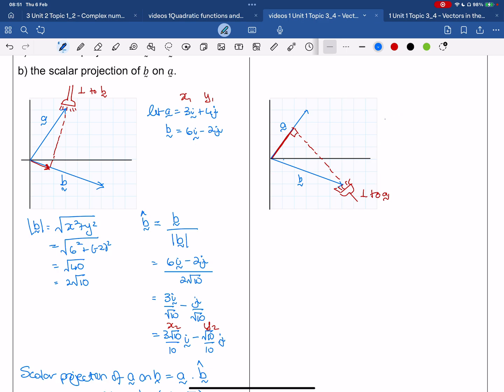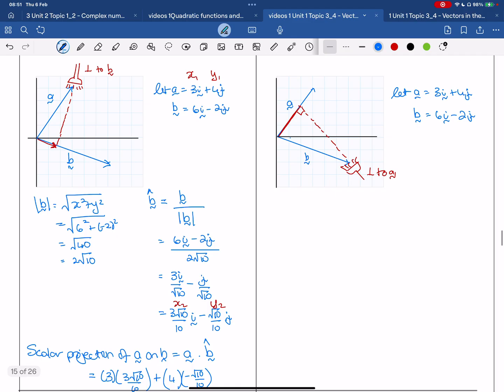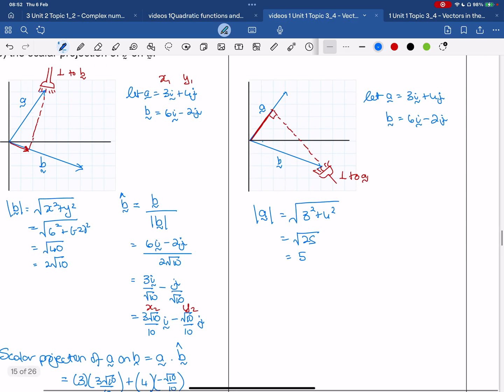So again, our A is 3i plus 4j, and our B is 6i minus 2j. But now in this case, instead of finding the magnitude of B, we're finding the magnitude of A to find our unit vector in the direction of A. So here we've got 3 squared plus 4 squared, and that's going to be root 25, which is 5.